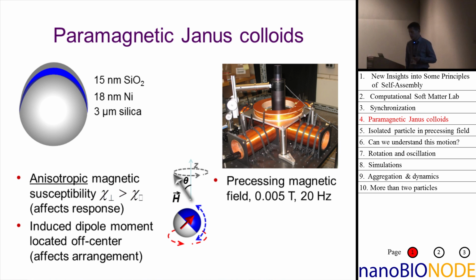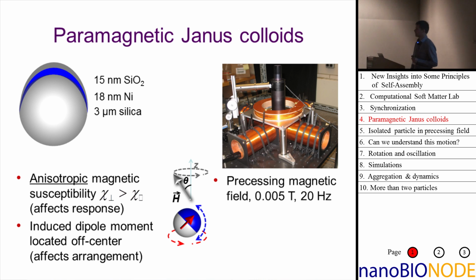This particle is now put into a magnetic field, and you already have a complicated situation there. Because of the hemispherical shape, the magnetic response is different along, let's say, the equatorial plane and the axis perpendicular to that. So this red arrow is not a magnetic field or a magnetic moment, it's just what I call the director of the particle.